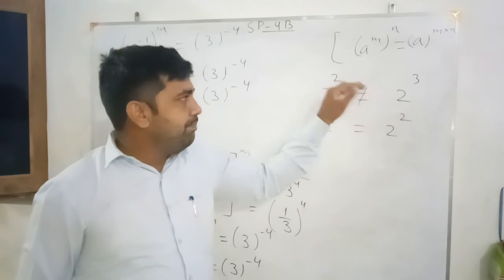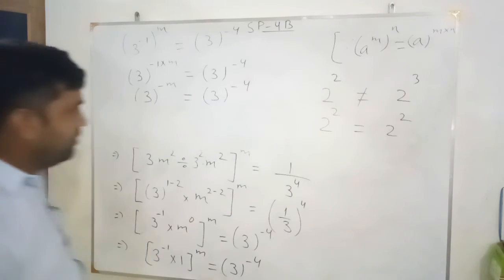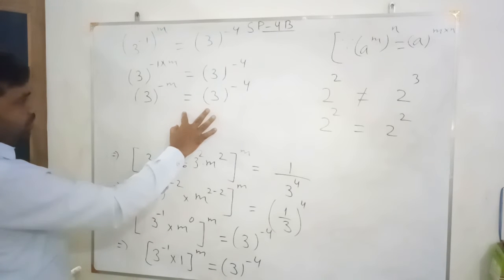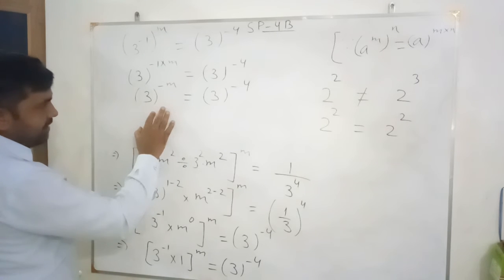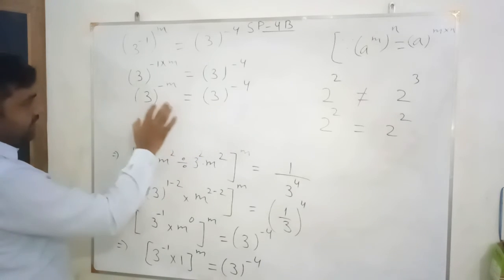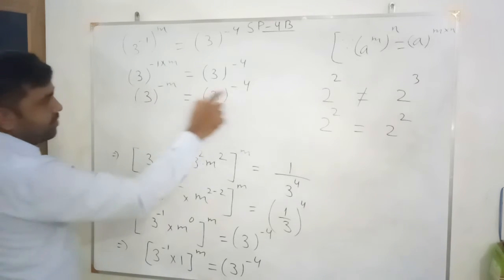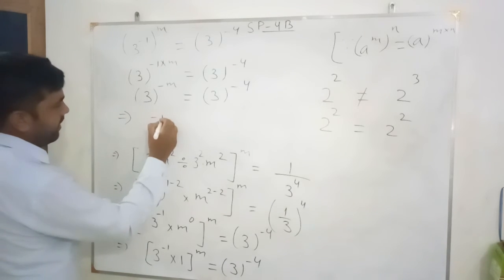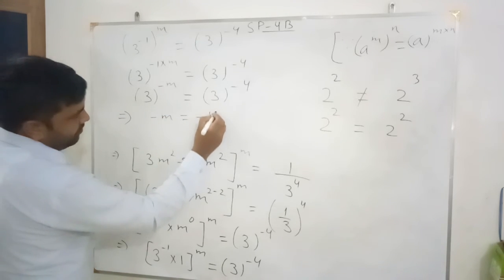If the base is same and powers are different, the value will not be equal. That's why we are doing the comparison since it is an equation. Since the bases are same, the exponents should also be same, so minus m equals minus 4.